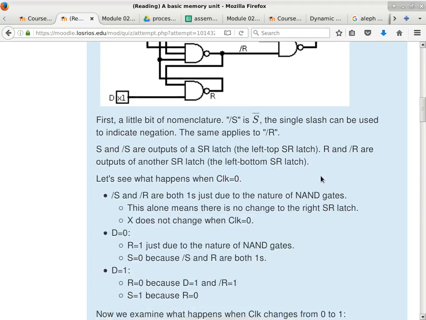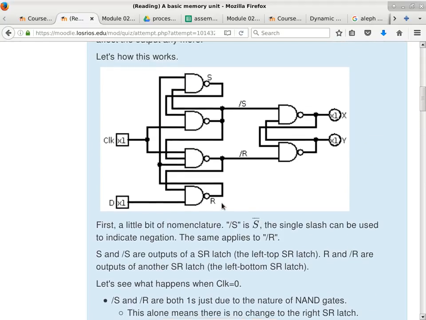The way it works is explained here. But you have to take into consideration the internal state of the entire thing. The way you analyze this one is to say, what if /S is already a 1, /R is already a 0, and D is a 1, and then we see a clock going from 0 to 1. How does that work?